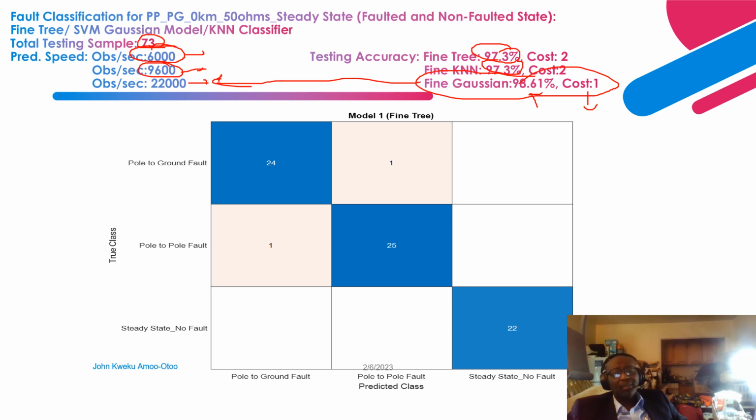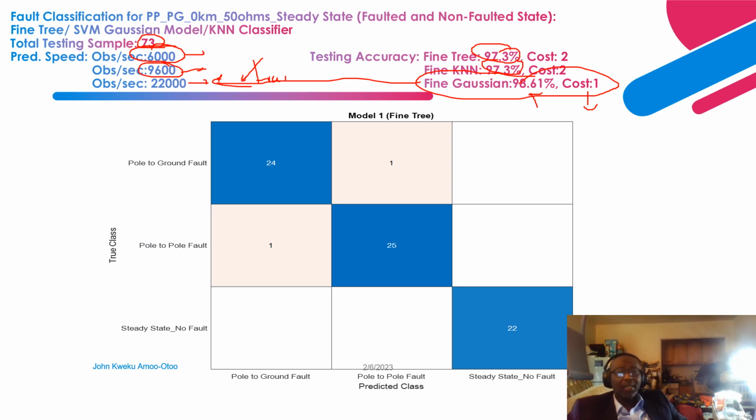But the caveat on the drawback is that during the training session, it was giving me a longer training time, and I told you that the training time corresponds to higher computation burden and basically cost, compromising performance. So those are some of the factors that you want to look at.